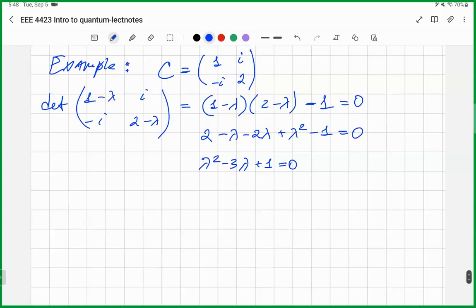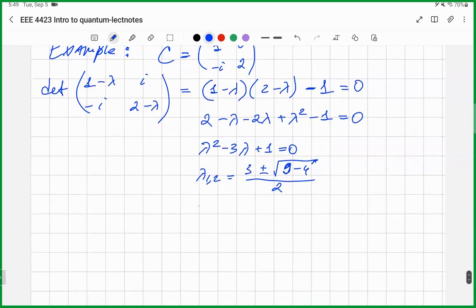It looks good. All right, so lambda 1, 2 is equal to 3 plus minus square root of something like this, and divided by 2. So lambda 1 is equal to 5.